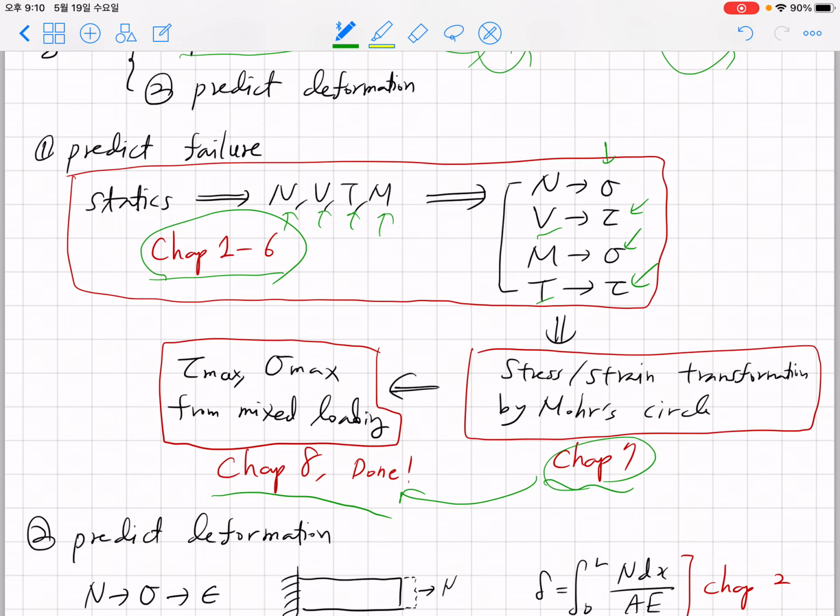Some problems have three of these four reactions, some problems have all four reactions, and after obtaining those four reactions, we also found that the combination of normal stress and shear stress is location dependent, and you have to have the intuition and the complete knowledge of chapters 1 through 6 to handle the problems in chapter 8.